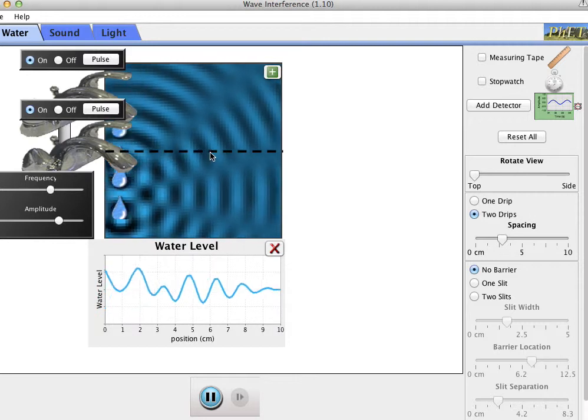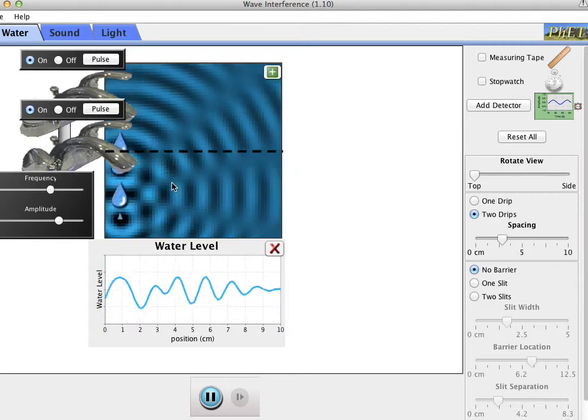So we have a high point for one wave and a low point for another wave, and so those kind of cancel each other out.